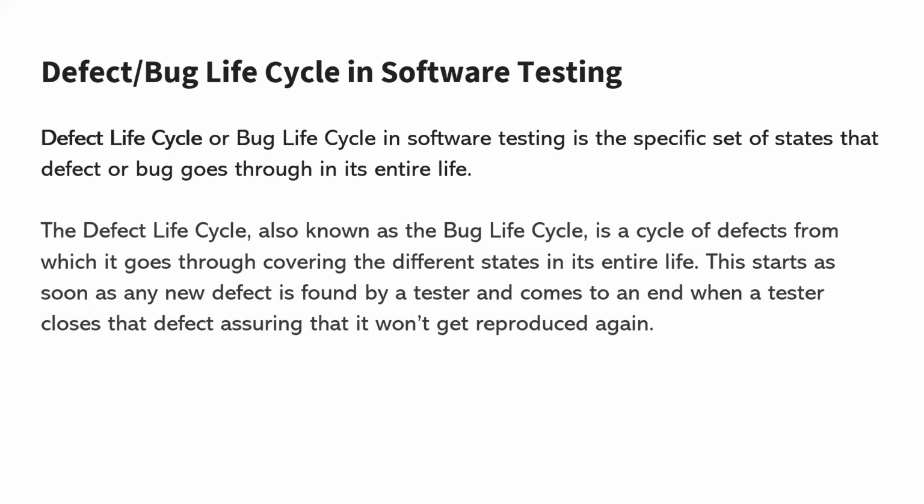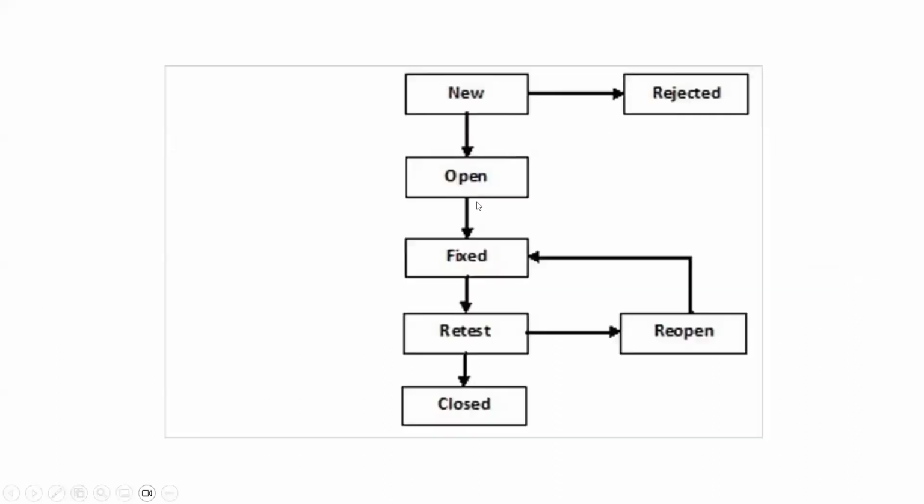So guys, as a QA engineer, if you are finding any bug or defect, we will raise it. By default, it will be in the new state. Once the development team starts working on it, it will be in the active state. This is the open or active state.